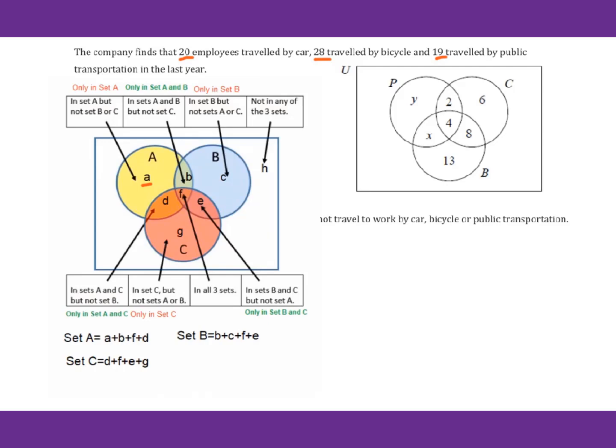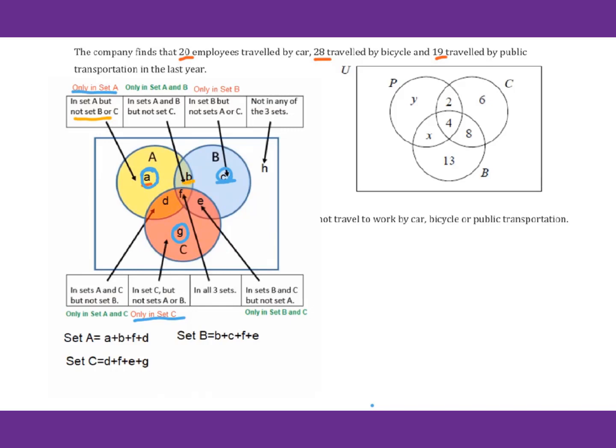That's in set A but not in set B, C. Or you can say only in set A. This C means only in set B, or in set B but not in sets A or C. For this G, you will see only in set C or in set C but not sets A or B.